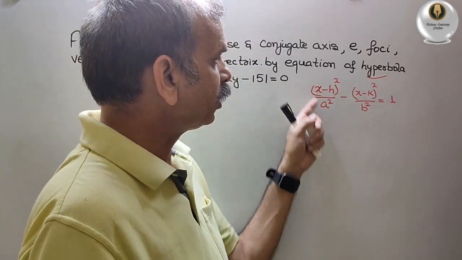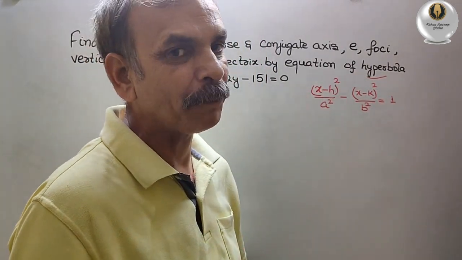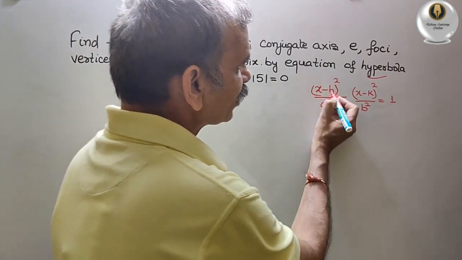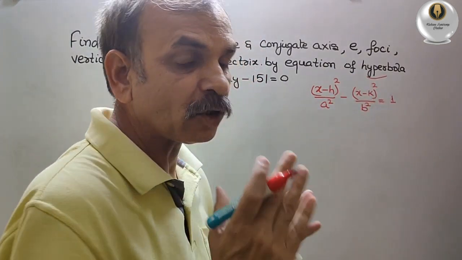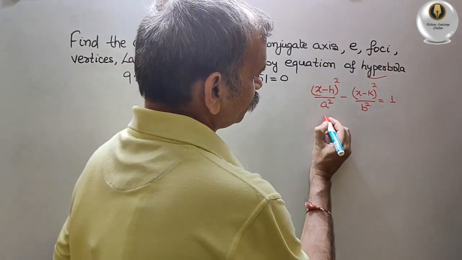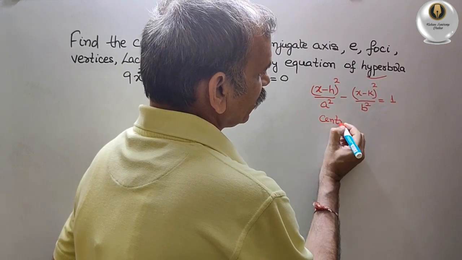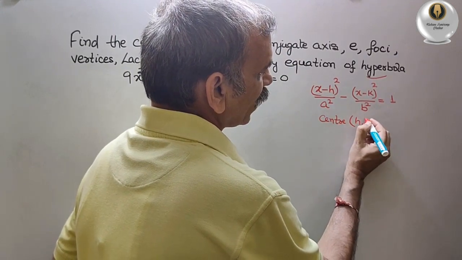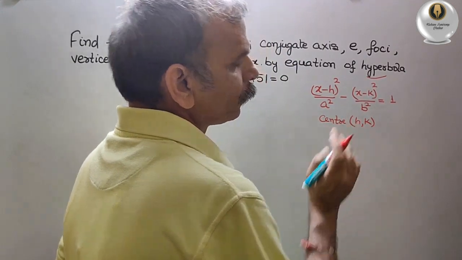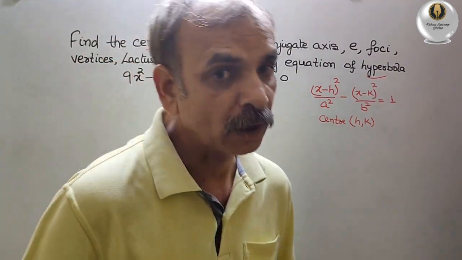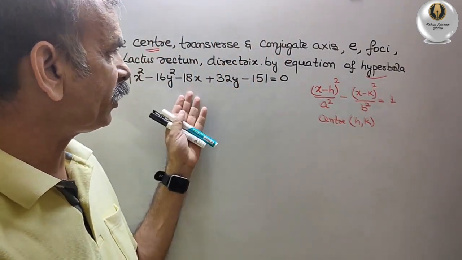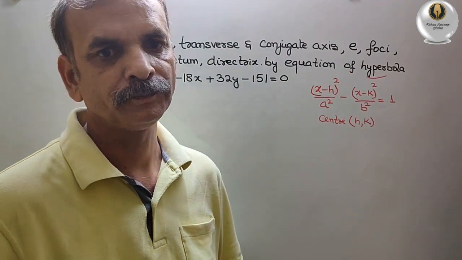This is the equation for a hyperbola where h and k are the coordinates of the center, h comma k. Now we have to make this equation in this form.